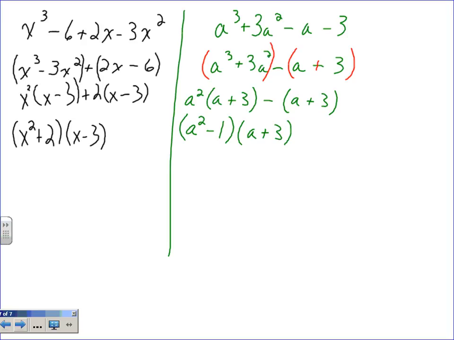Zach will tell you. He said you could foil that out to sort of check it, right? You can do that. But that can be factored a little bit further.